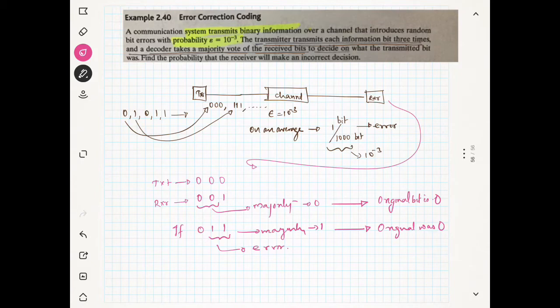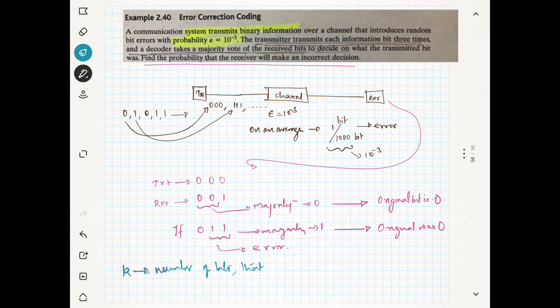So find the probability that the receiver will make the incorrect decision. This is the question. Let us assume that k is the number of bits that the receiver can take as a wrong decision.